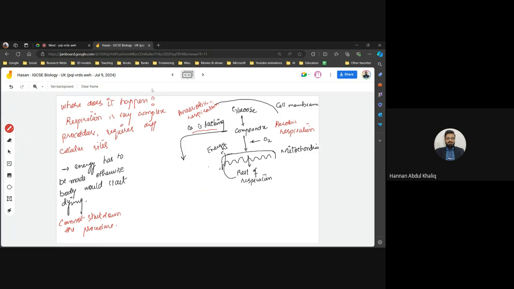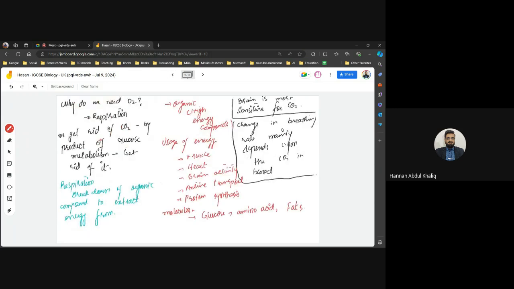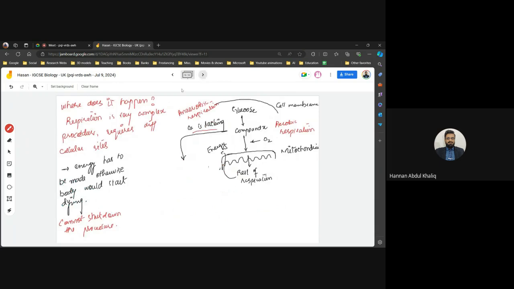A very important point about respiration is that it occurs in all organisms. There is no organism that could survive without the process of respiration. So it has to occur in all organisms, and all organisms can come across a situation where oxygen is lacking for them.